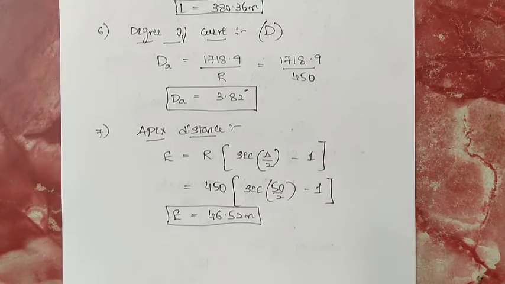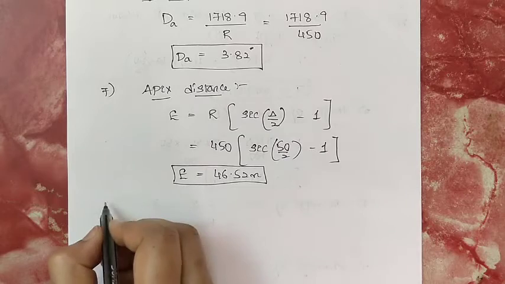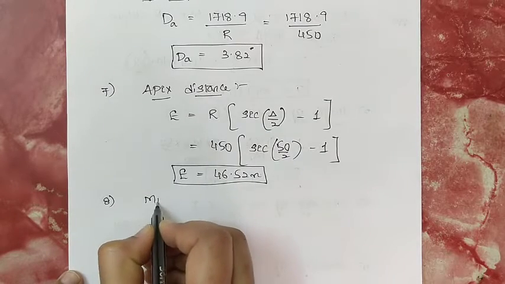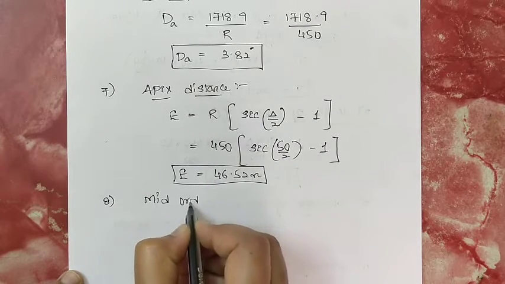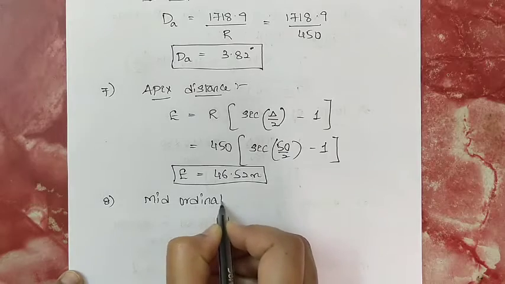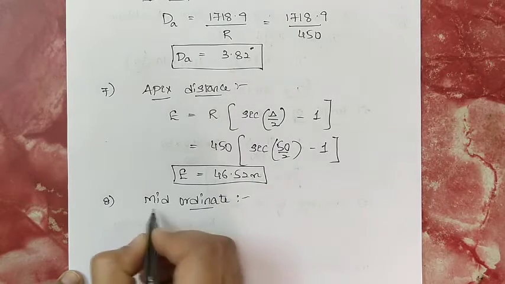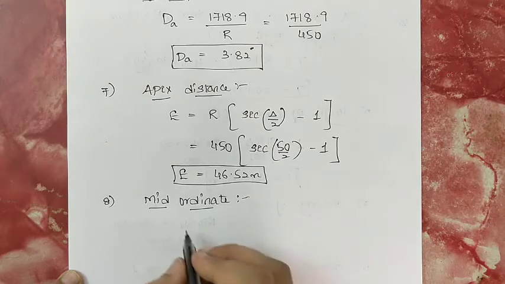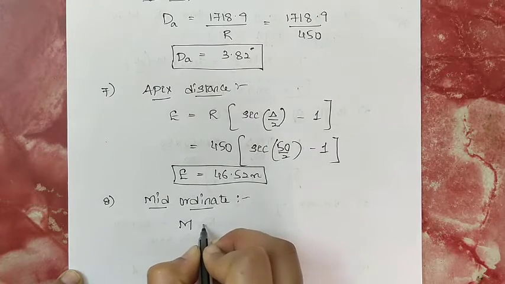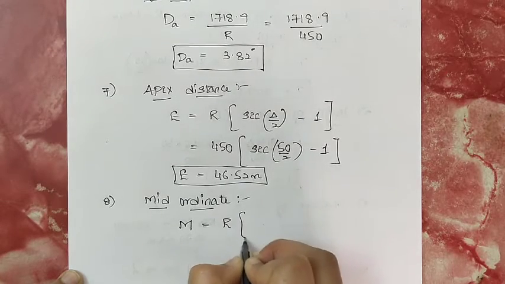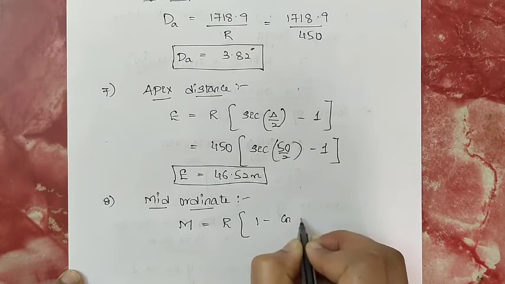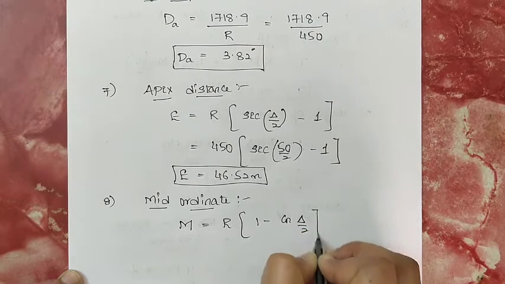Then the last element of a simple circular curve, that is what? Mid ordinate. Mid ordinate is denoted by M. It is given by R into 1 minus cos of delta divided by 2.